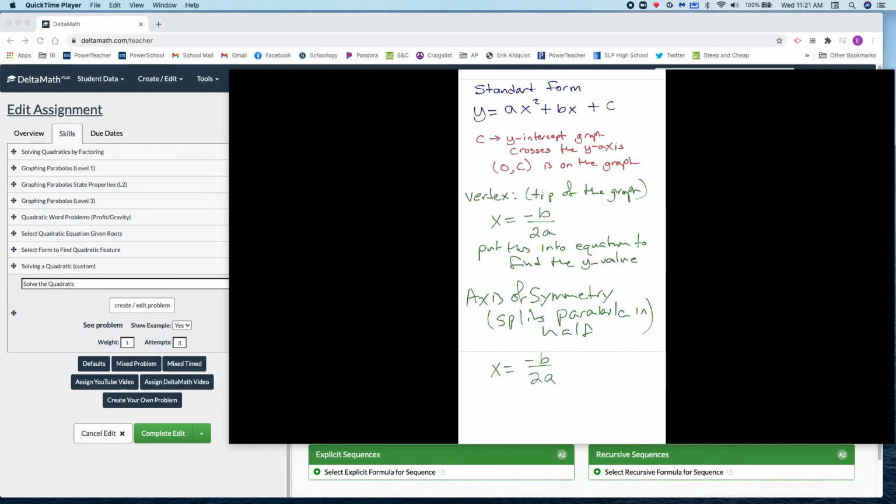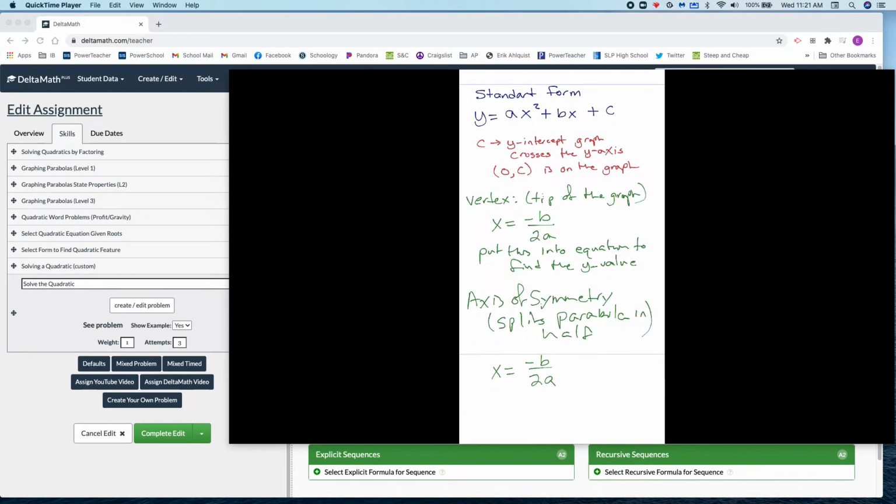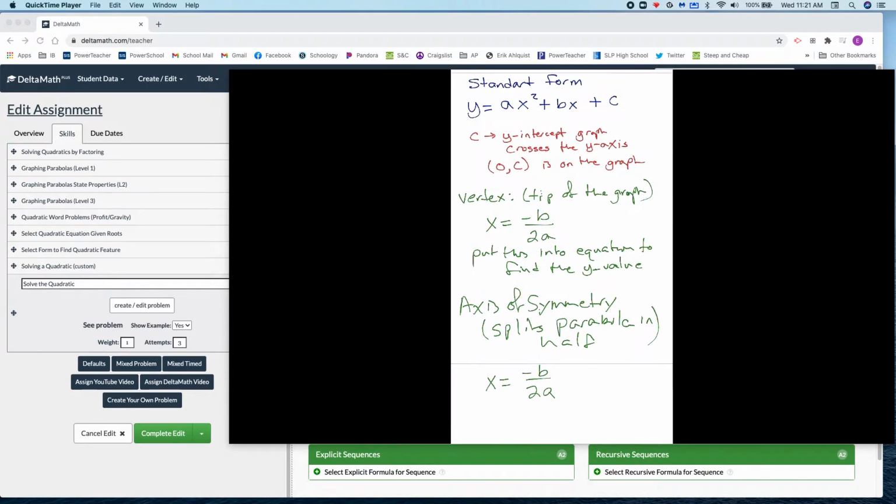That's what you get from standard form. So those are the things you get from standard form. You get the y-intercept, you can figure out the tip of the parabola, and you can find the vertex. You also get the axis of symmetry, where the parabola splits in half.